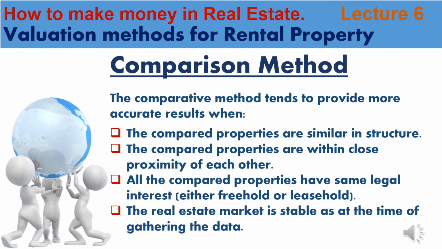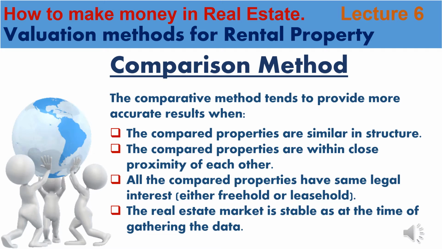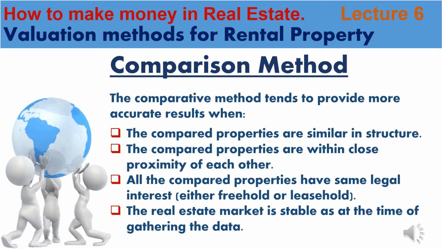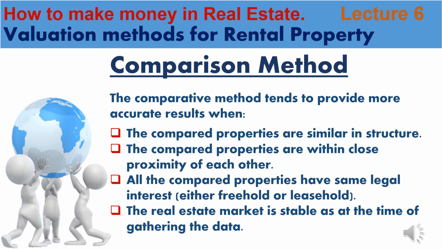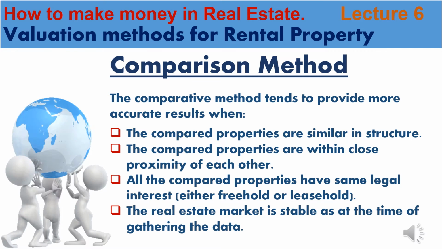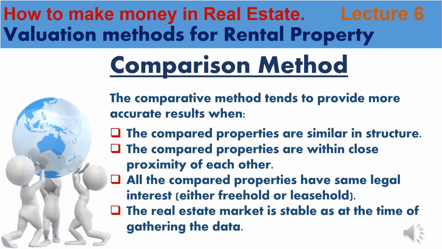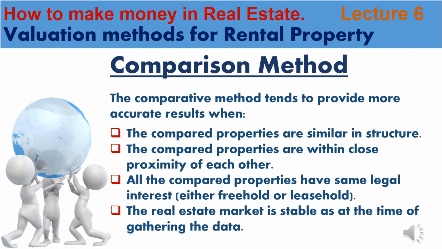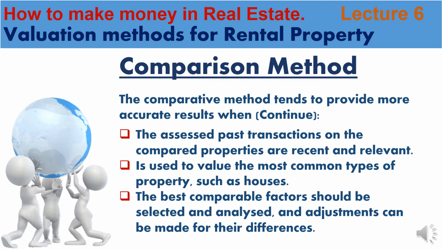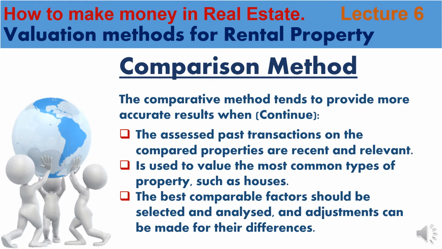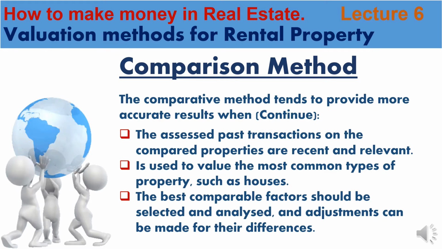All the compared properties have the same legal interest. That is, they are all either freehold or leasehold. The real estate market is stable as at the time of gathering the data, especially concerning the prices of properties. The assessed past transactions on the compared properties are recent and relevant.